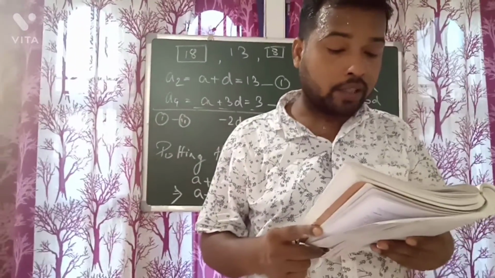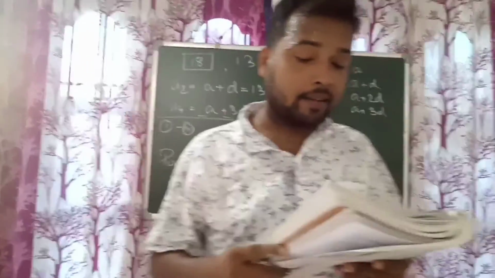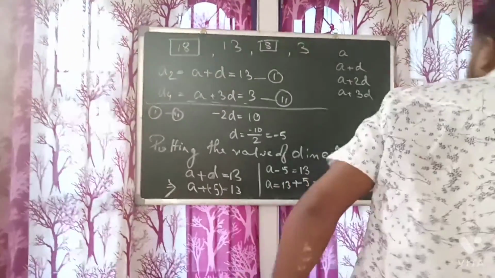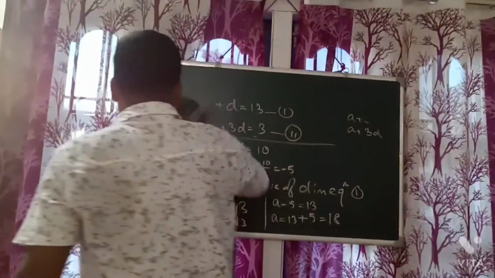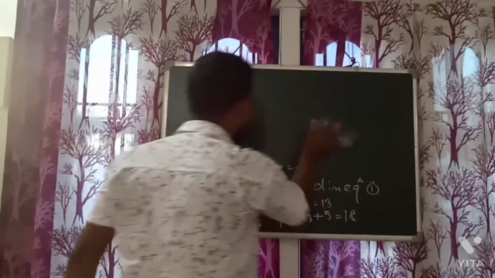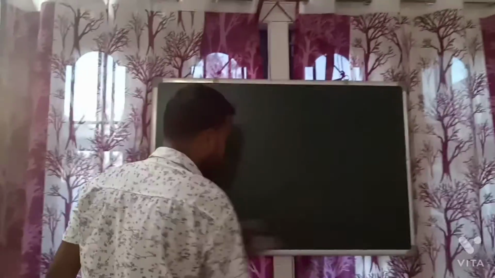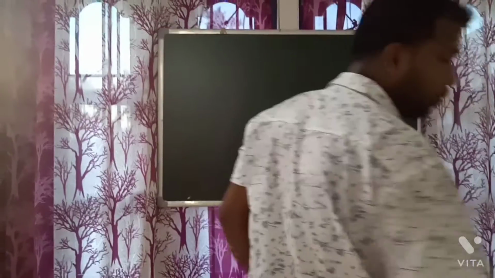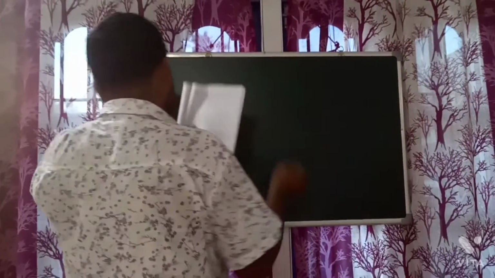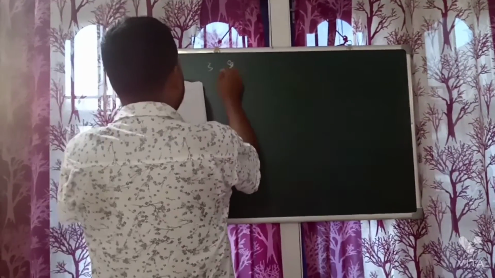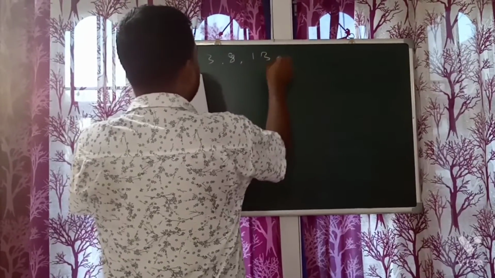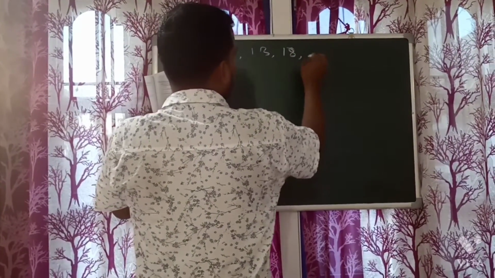Number 4, to show which term of the AP this one is 78. Easy. This whole chapter is about the formula an is equal to a plus n minus 1 whole into d. The AP is 3, 8, 13, 18, and so on.